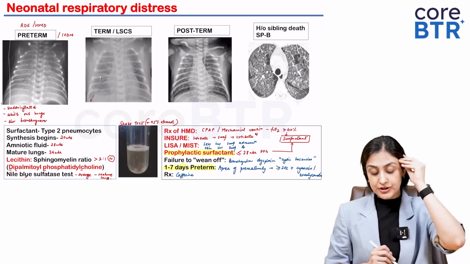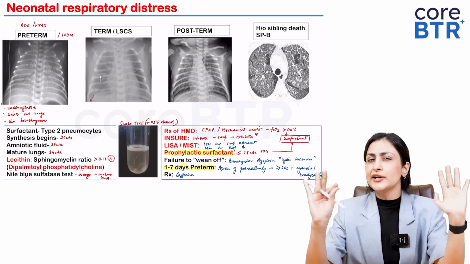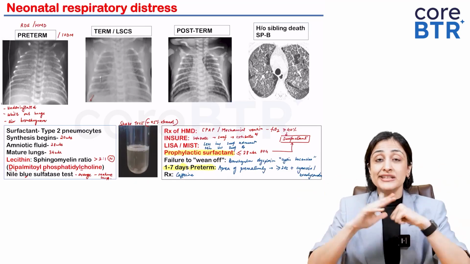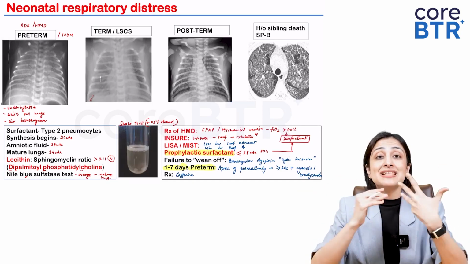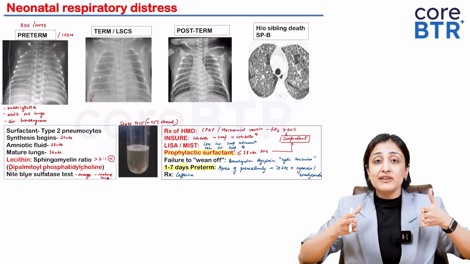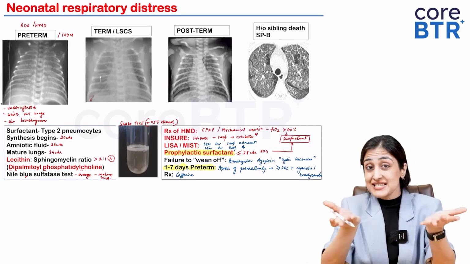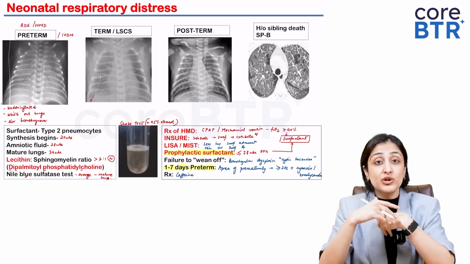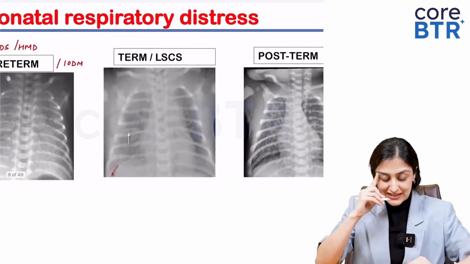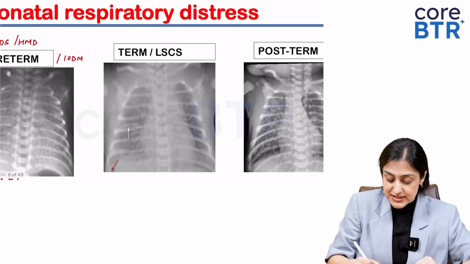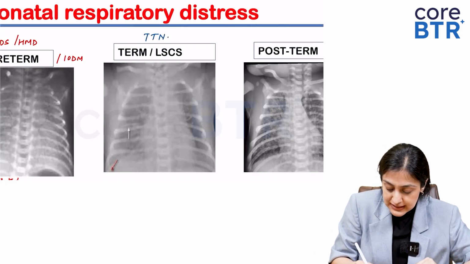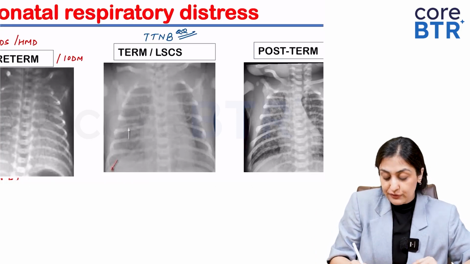The next condition is where the baby is a term baby, and usually the buzzword will be babies who are born by cesarean section. Normally, when the lungs squeeze through the vaginal canal, the fluid is absorbed. But in cesarean, the baby is not putting in that effort to squeeze the lung, right? So that's why there can be some fluid which is retained. And this was asked very recently, transient tachypnea of newborn.